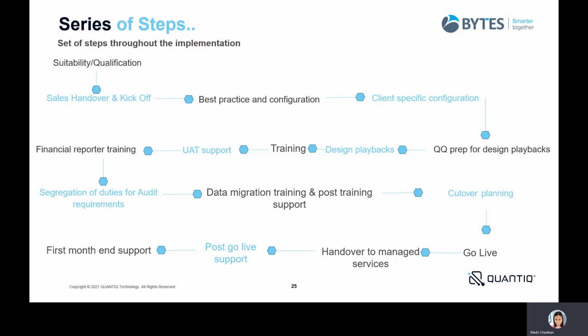So that's 16 steps in total. As mentioned previously, this is a highly collaborative process with the combination of our templates, training offers and support, which means that we'll take you through to go live within that 4-month timeframe.